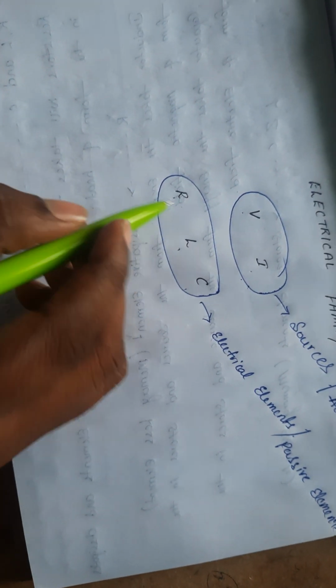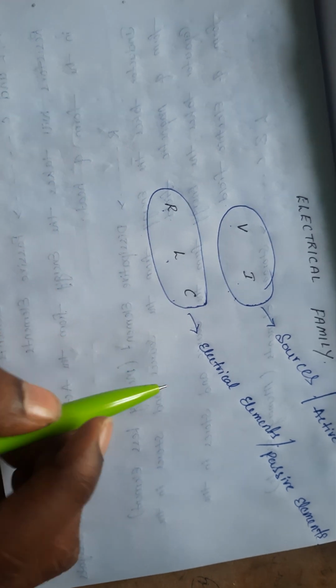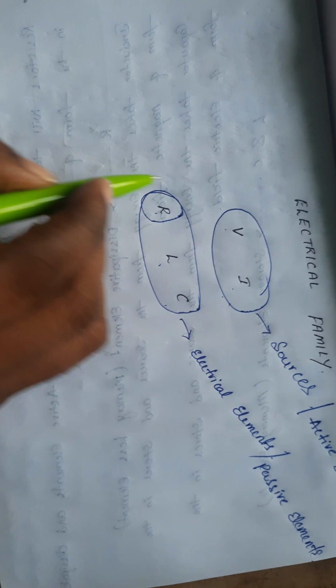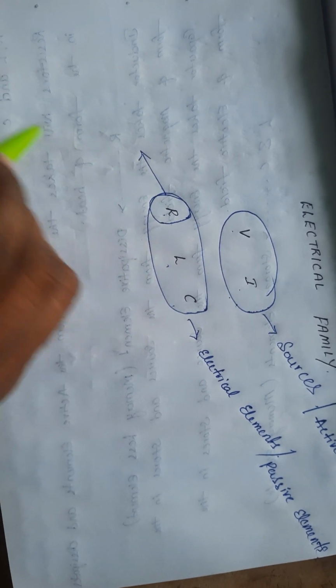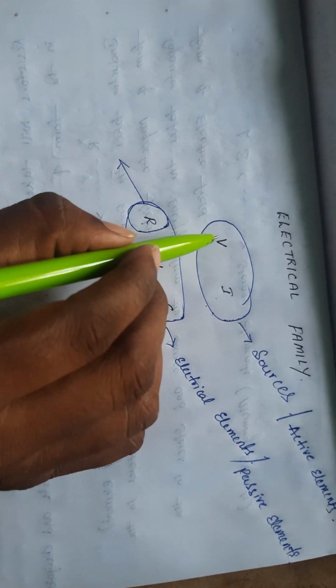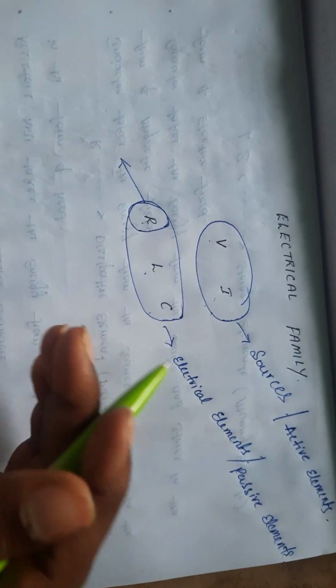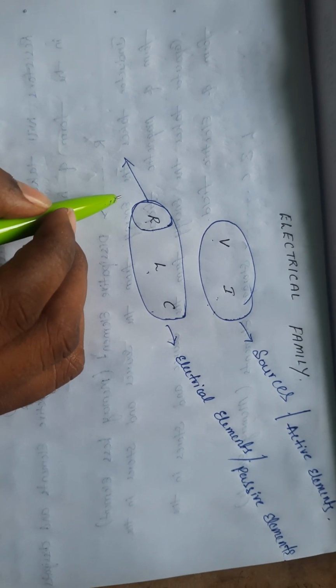Here the resistor, what are the characteristics? The resistor only absorbs the power. If voltage or current we give to the resistor, it converts into heat form.